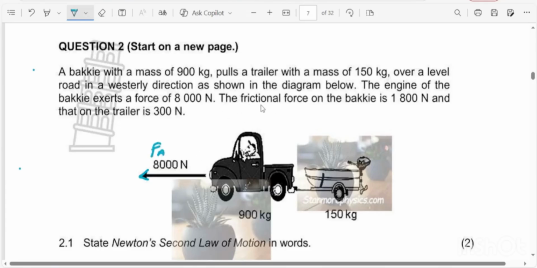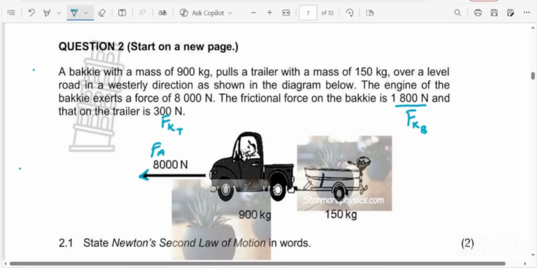So now the frictional force of the bakkie, we are given the frictional force of the bakkie. So this is my Fk of the bakkie. Let's call it FKB. And this is my Fk of the trailer. Let's call it FKT. Right. So now we can see that it is 1,800 and 300 newtons respectively.